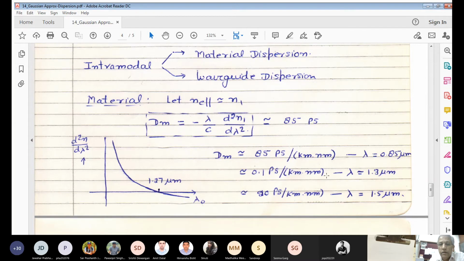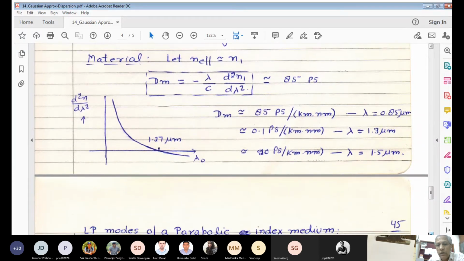So that is the great reduction in material dispersion if you operate around 1.3 micron. And that was the reason why people used this fiber for the second generation communication system.